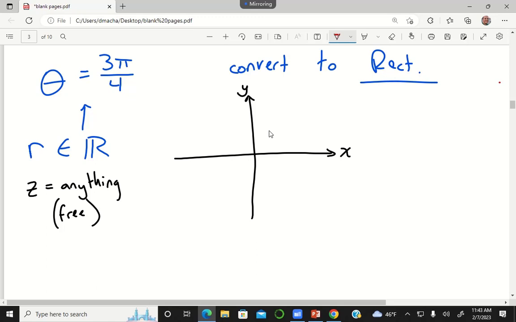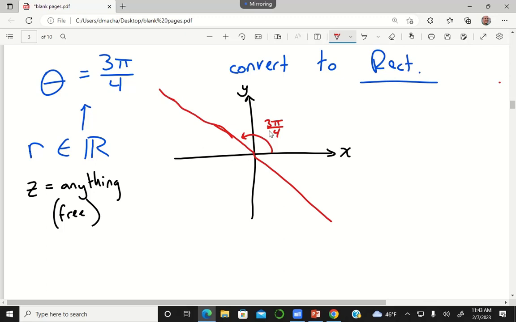The angle 3 pi over 4 away from the x-axis would look like this. If this were a half plane, maybe the trace would look like that. And if it were a full plane, then I'm allowing r to take on negative values, and it could look like that.